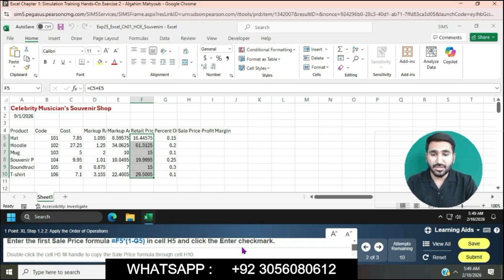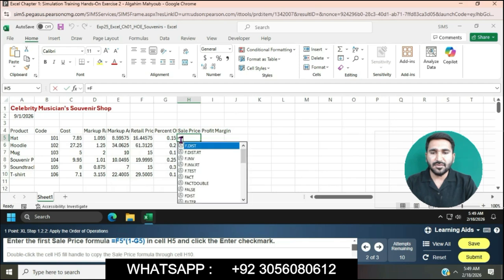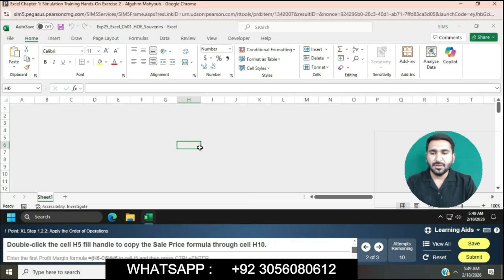Simply we will click on cell H5, press equals, and the formula is given in the question: F5 retail price multiplied by 1 minus percentage off G5. So we will press Enter. Then double-click the cell H5 fill handle to copy the sale price formula through cell H10.